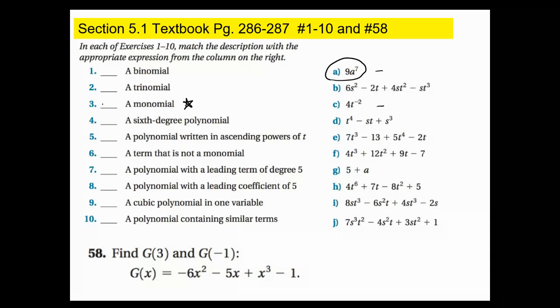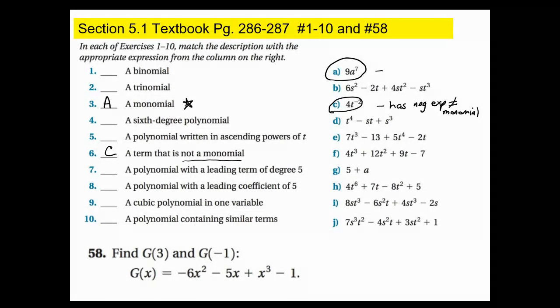This is A. The reason that C is not a monomial is because it has a negative exponent, so it cannot be a monomial. I won't ever quiz you on that. I know it's a little tricky. So this one right here goes to C, a term that is not a monomial. I wanted to clarify that for you.